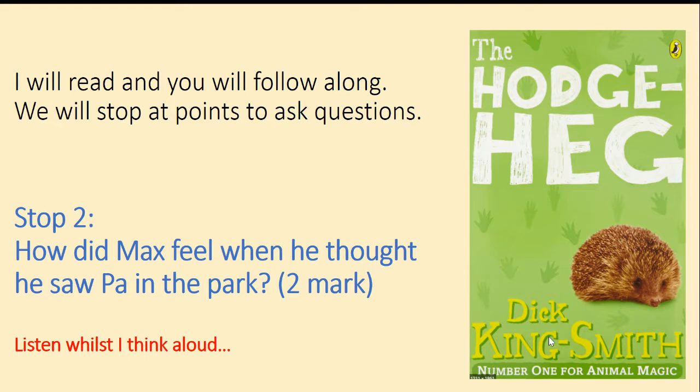Just then, he saw, not far away, a hedgehog crossing the path. A large hedgehog. A Pa-sized hedgehog. What luck! Pa had crossed the street to find him. He ran forward, but when he reached the animal, he found it was a complete stranger.